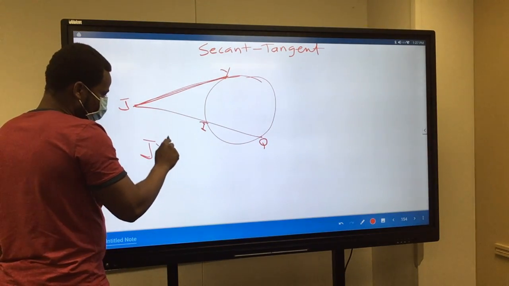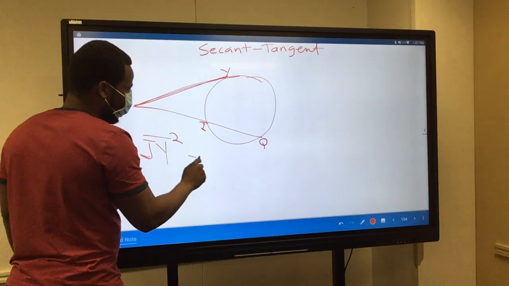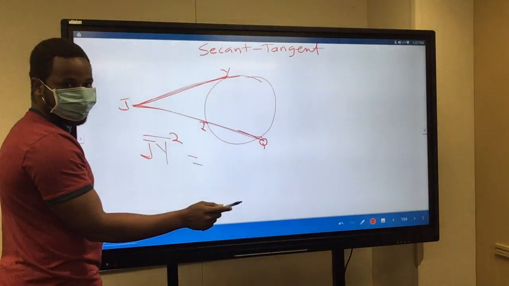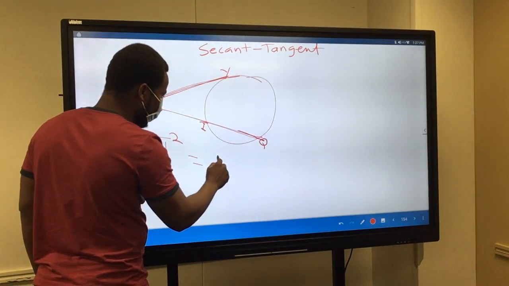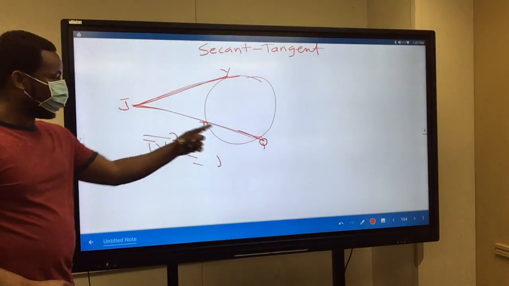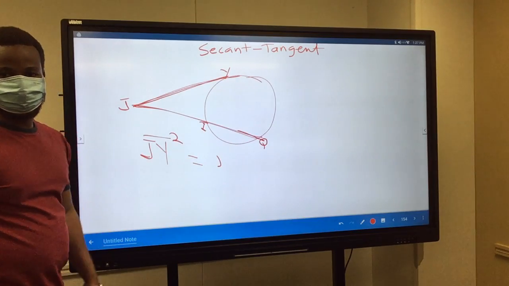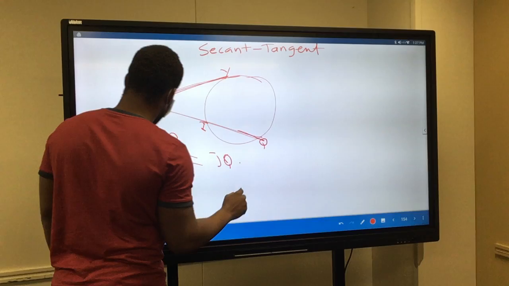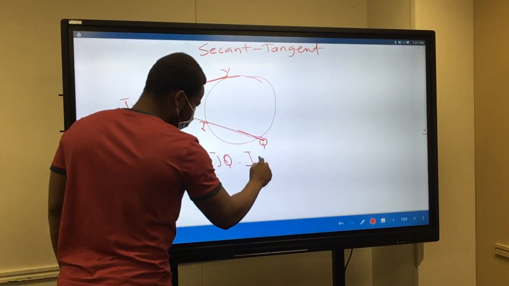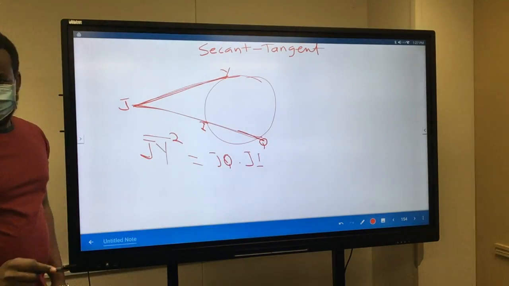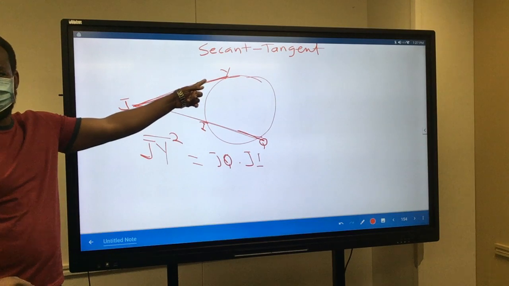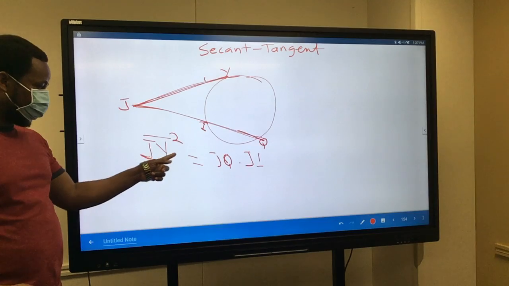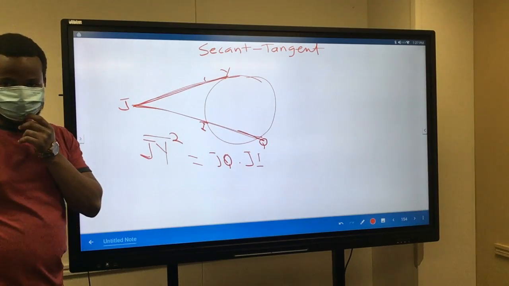The square of the tangent will be equal to the whole length, since this is a secant, so we do the same thing we've been doing: the whole length JQ times JI. The only difference is that you are squaring the tangent. Square the tangent and then do the same thing you've been doing.